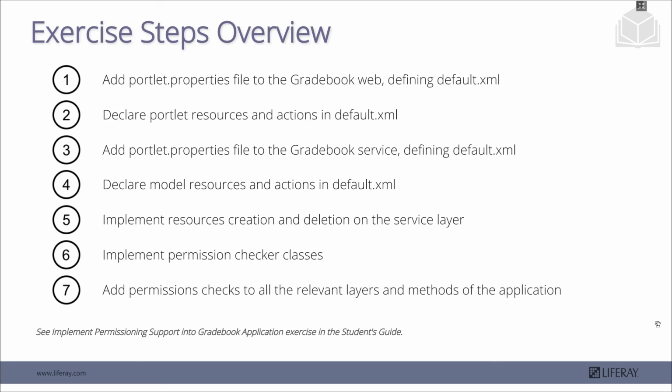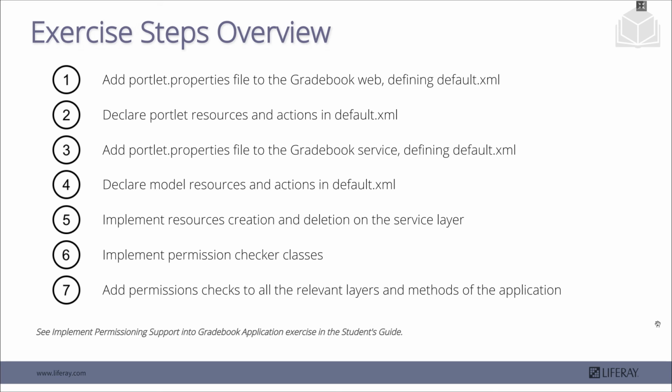The steps that we went over before, we're going to cover those here again. We're going to create a file called portlet.properties over in the gradebook web. This is just pointing to and defining where our default.xml is going to be. We'll then create the default.xml and define what our portlet resource is and what actions we can perform on it.